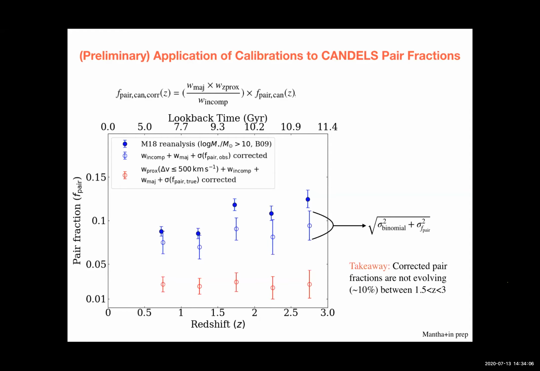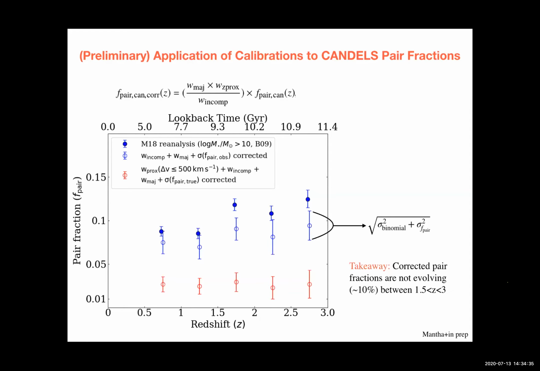Yes, the bulk of this effect is coming from the major pair selection being impacted by the mass errors, the mass errors scattering. That's the biggest effect? Because I thought the biggest effect was the fact that most of your pairs selected on a photo-z are not actually less than 500 kilometers per second. So in this plot, you can make 2 comparisons.